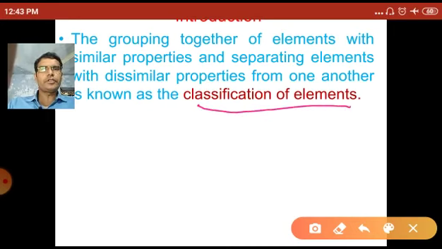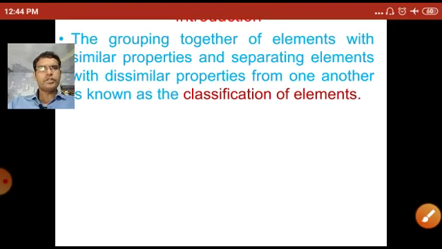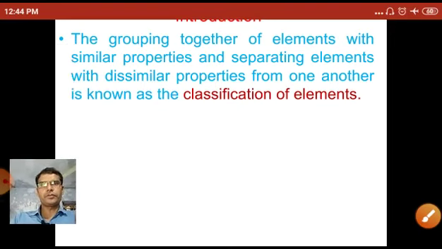Classification of elements. What is the classification of elements?